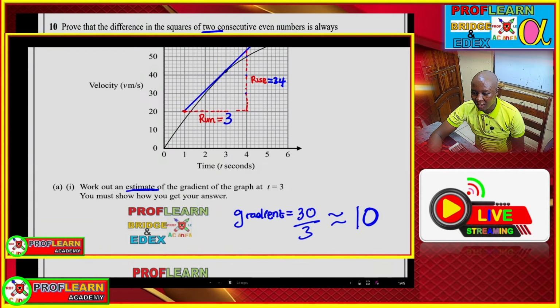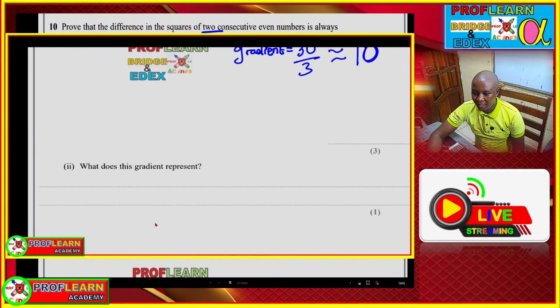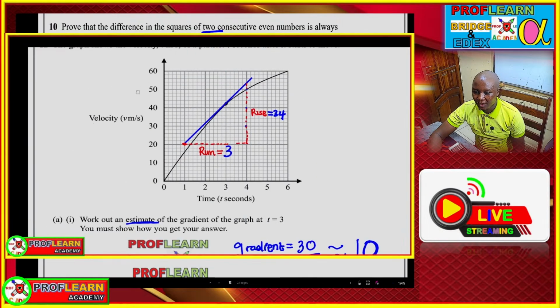So going down, you are asked, what does the gradient of this represent? Something that you need to ask yourself is, what is it on the y-axis and what is it on the x-axis? If it is a velocity against time, the gradient is going to represent the acceleration of the object.